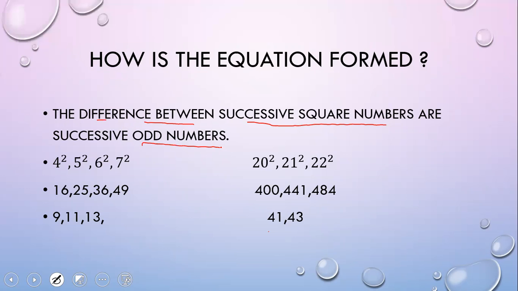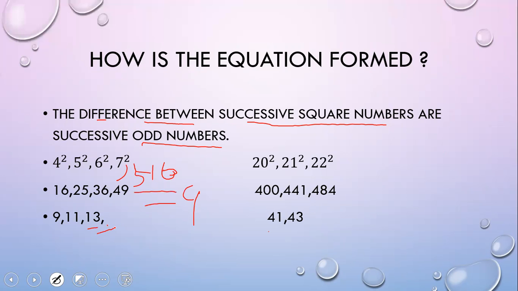If you don't get what I mean, 25 minus 16 is 9, and difference between 25 and 36 is 11. Difference between 36 and 49 is 13. So goes for bigger numbers as well.